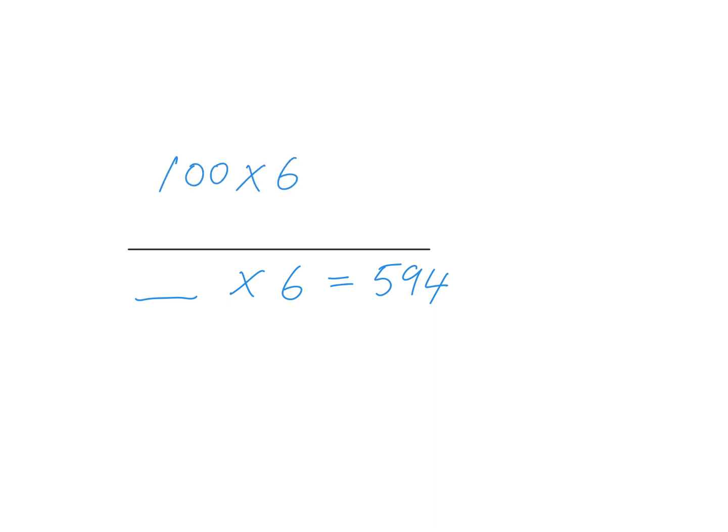100 groups of 6 equals 600. What's the difference between these two numbers, 600 and 594? Difference is 6. And we're working in groups of 6, so that's one group of 6.